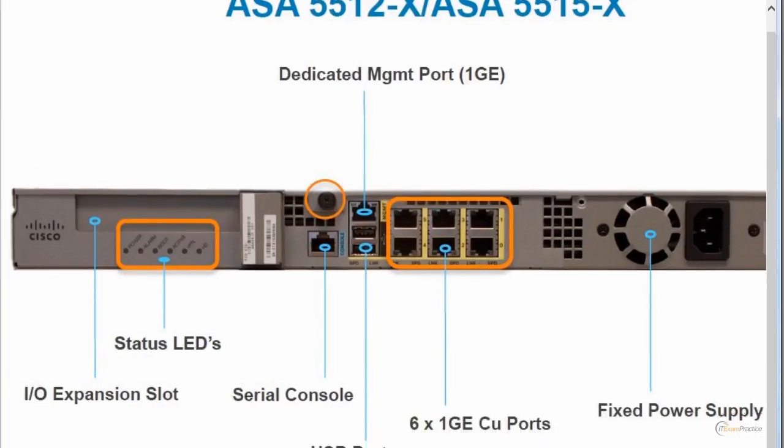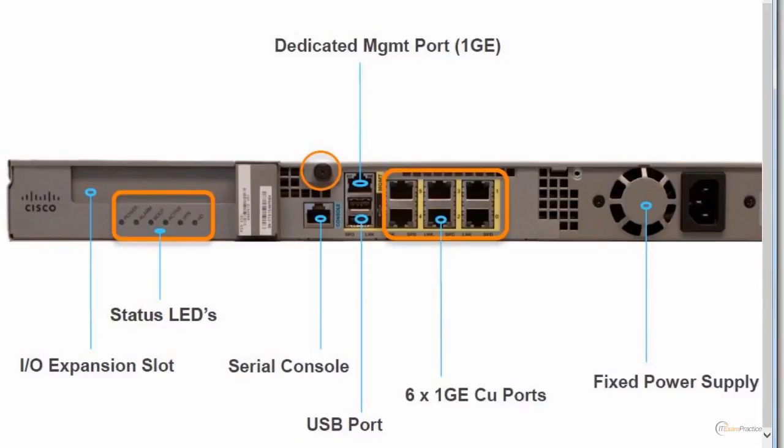Let me move it a little. Yeah. Console port, management port, USB, a slot for additional modules, like if you want to add a module with fiber optic port, things like that, and a fixed power supply unit. That's what you can find from the hardware's point of view.